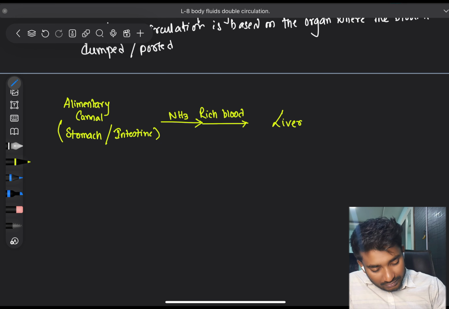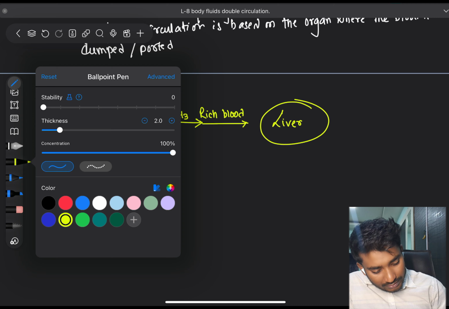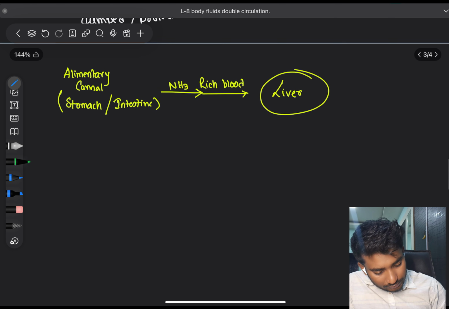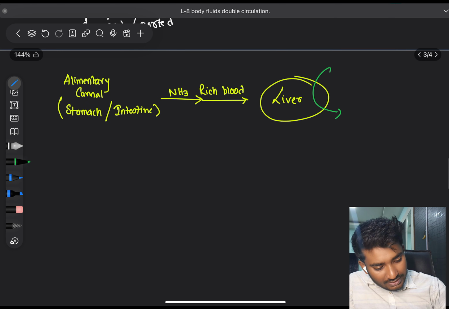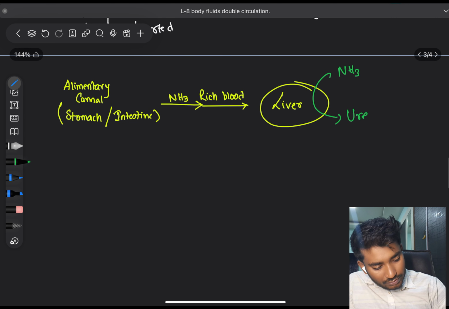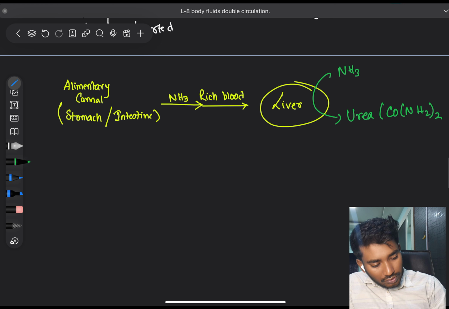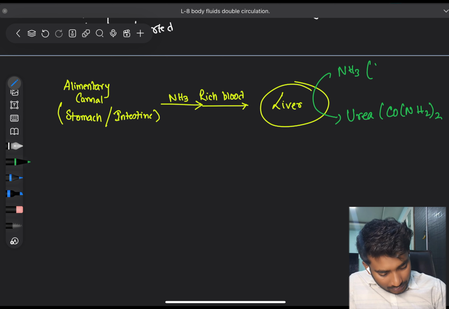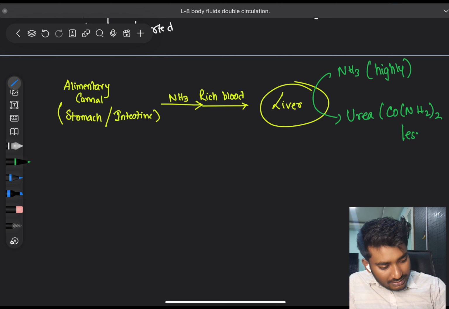There is a capillary in the liver. In the liver, ammonia is converted to urea, CO(NH2)2. Ammonia is highly toxic, while urea is less toxic.